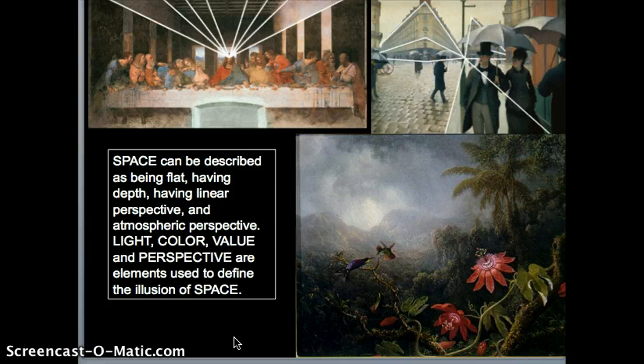If you're talking about the space in a painting in one of your commentaries and assignments, I want you to add in the different elements and talk about how light affects the space and how the value and color and perspective also. We can see here that in the horizon, the light gets a little bit more hazy and bluish, and that's giving us an atmosphere in our space.